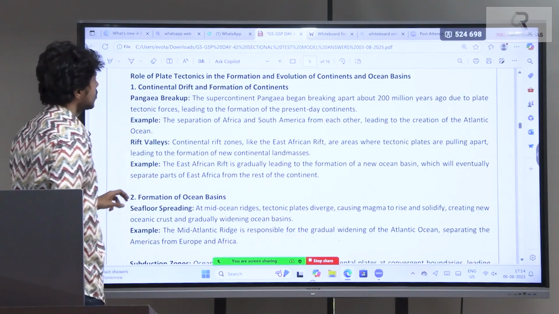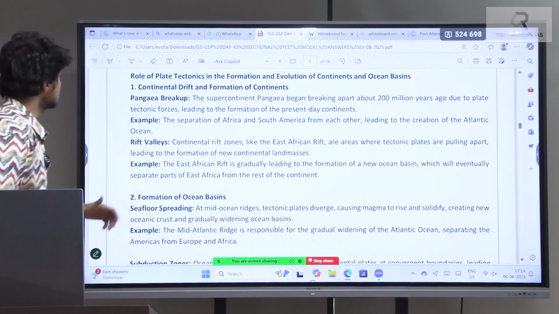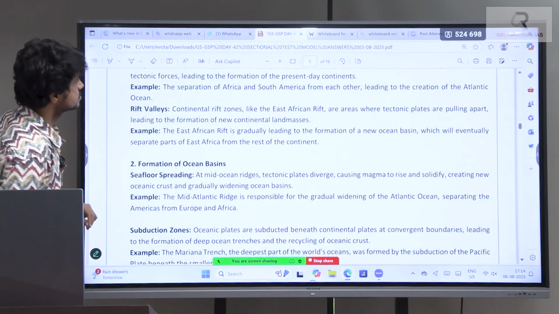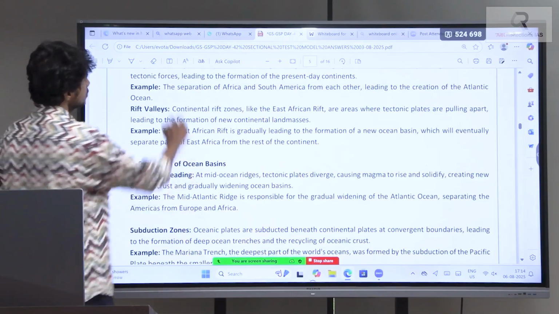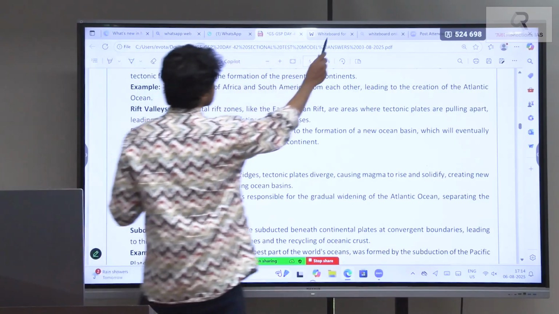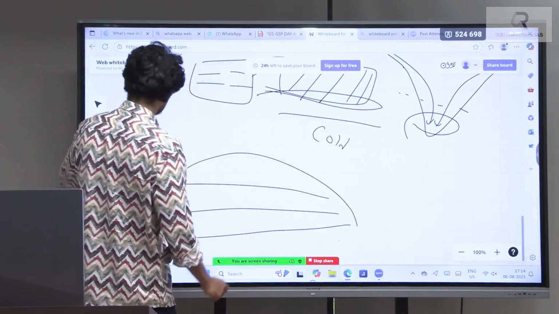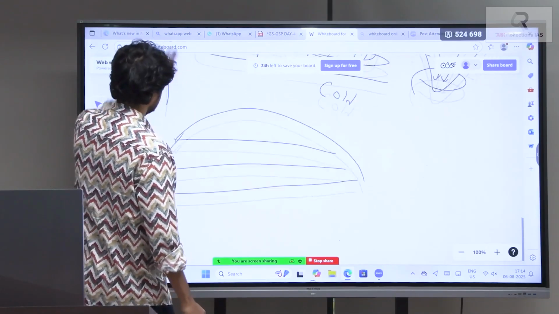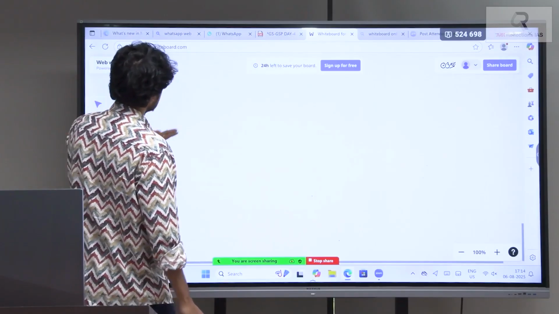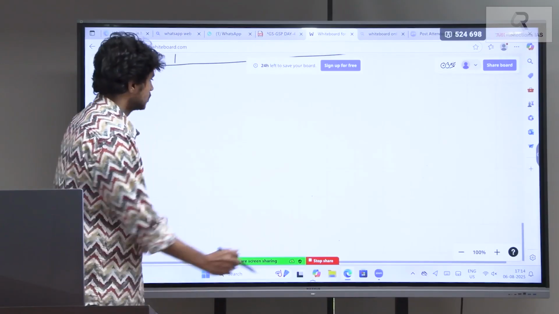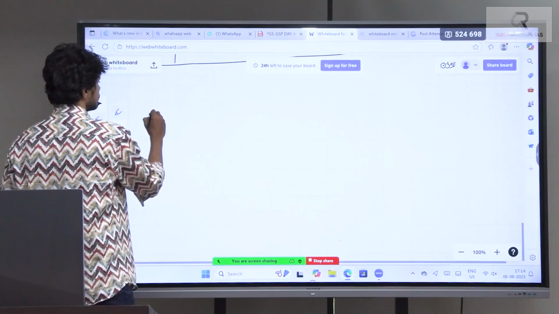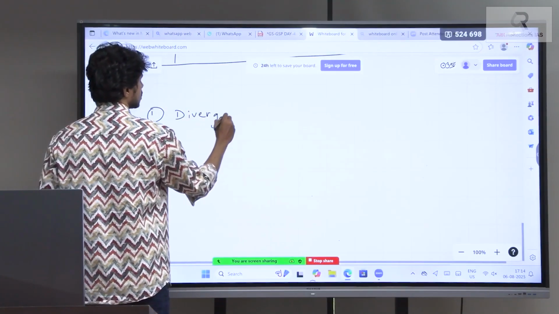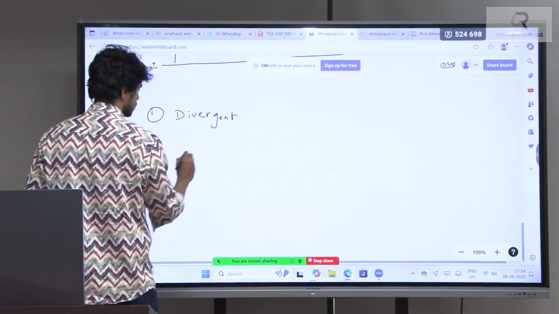Okay. So first thing, continental drift, in the formation of the continents, Pangea breakup. Okay. See, first thing, let me explain through my concepts. So you have primarily three plate boundaries. First thing is divergent. Second thing is convergent.